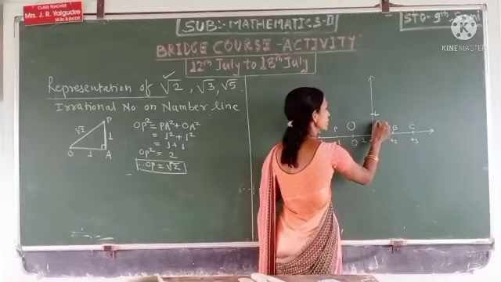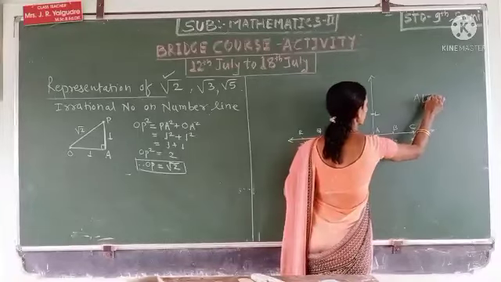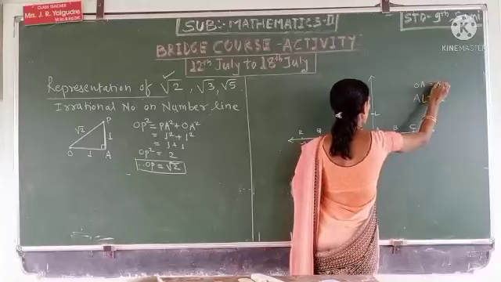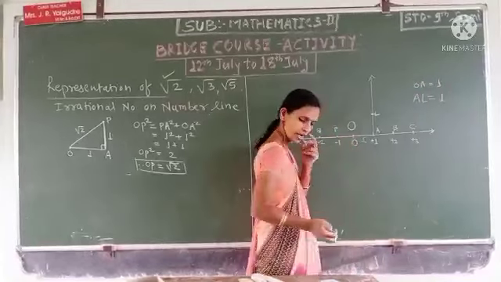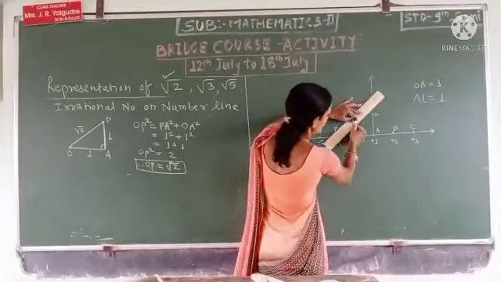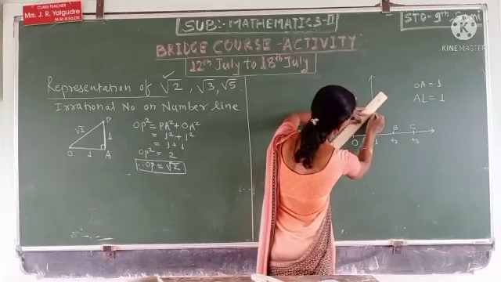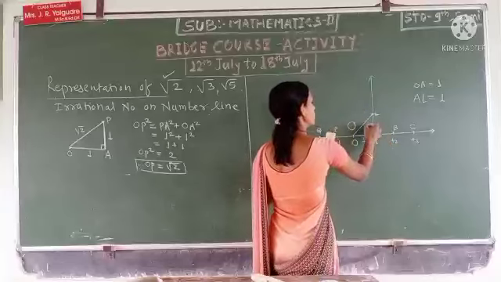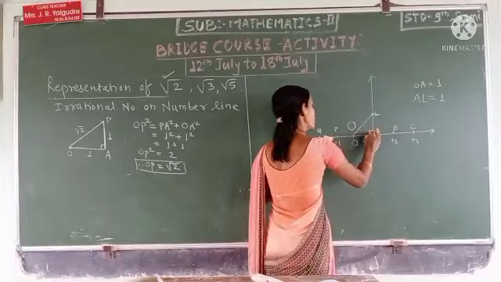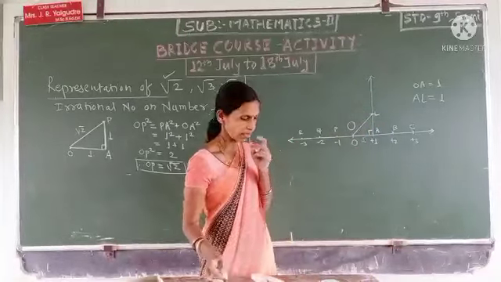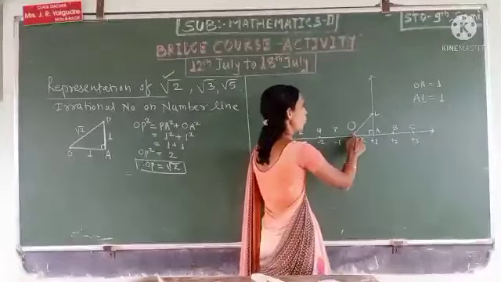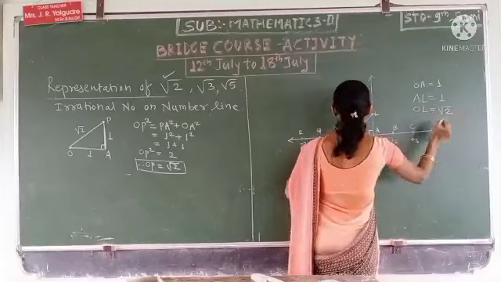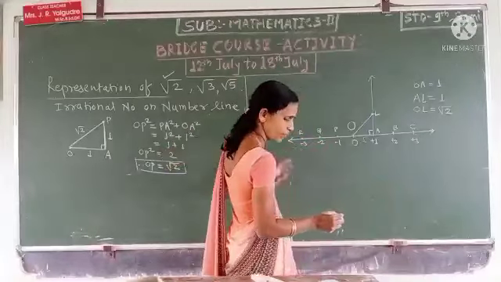Then see here, the distance AL is 1 unit as well as OA is 1 unit. The perpendicular drawn at the point A makes that figure a right angle triangle. Then see here, OL is the hypotenuse having the value root 2 according to this concept.